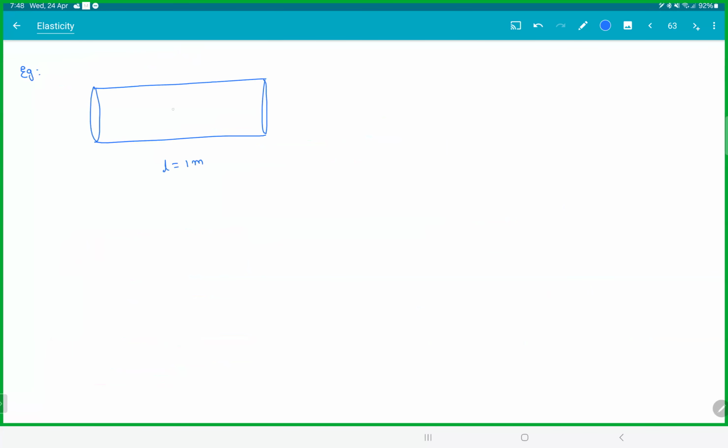Length is 1 meter. Radius is, let's say, 2 centimeter. Young's modulus Y is 2 into 10 power 9. Someone is applying a force of 100 Newton and 100 Newton. And they'll give you sigma equal to 0.25. They'll ask you to find the change in radius.